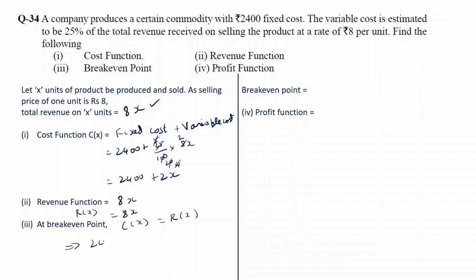So this implies 2400 plus 2x equal to 8x, or 2400 equal to 8x minus 2x, which is 6x. Therefore, x is equal to 2400 divided by 6. It is 400. So break-even point is 400 units.